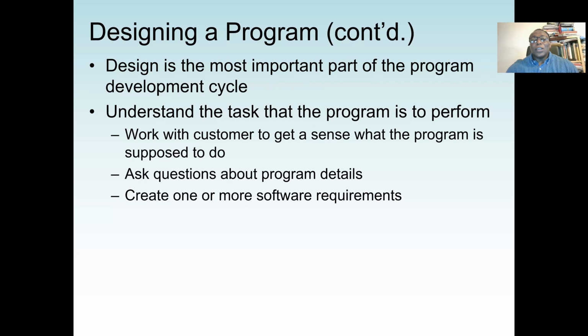Now, the reason why we said design is the most important part of the program development cycle is that if we design the solution and we were wrong, then automatically the whole program will be wrong. We will not get a solution. And most of the time, we even say that the requirement phase is also the most important step, because this is where we ask the users or the customers what they want their system to do for them.